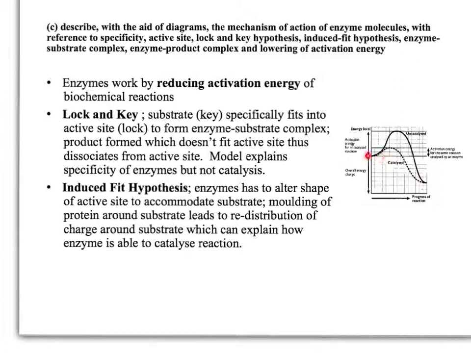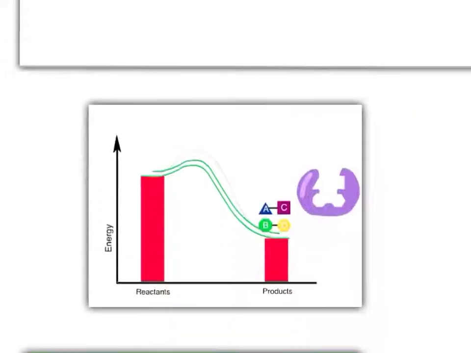You've got the tip of your match, which is the substrates, and they react with oxygen in the air to produce a chemical reaction, but we've got to provide activation energy, which in the case of a match we do by striking. So what enzymes do is reduce the activation energy, which increases the rate at which that reaction occurs, and I've got a little animation, hopefully to illustrate how that works with enzymes.